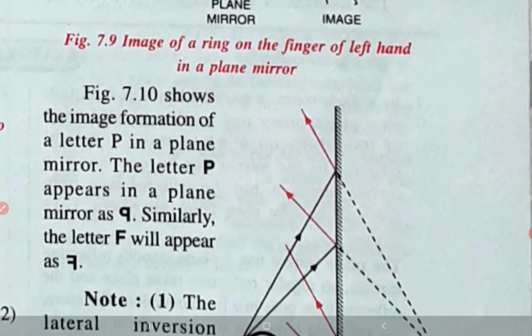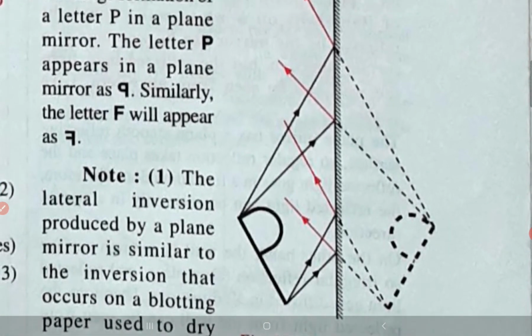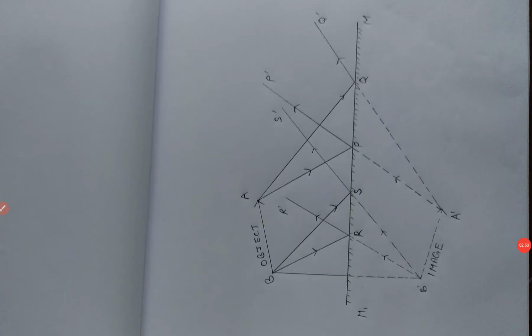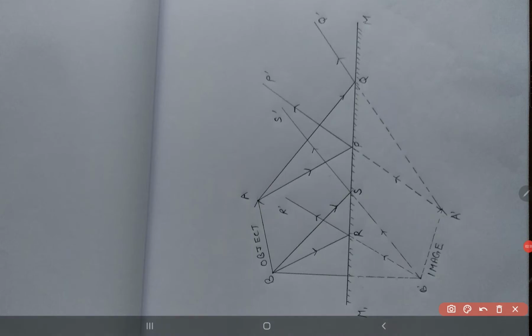This figure shows, again we need to learn to draw this figure also, a lateral inversion of the letter P with the help of a plane mirror. To draw this particular diagram, let us go to one figure which we had learned in the previous video.